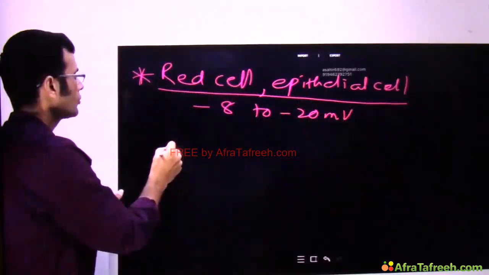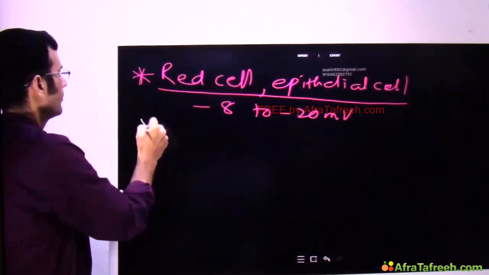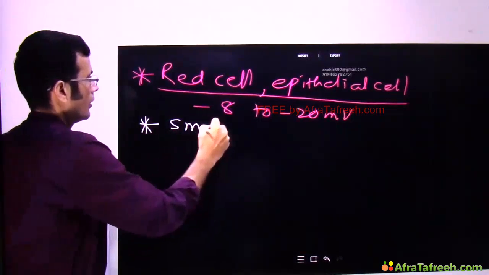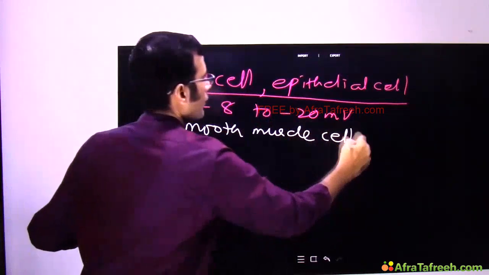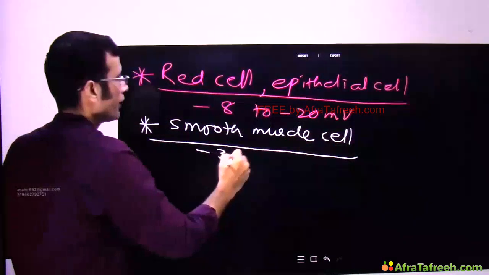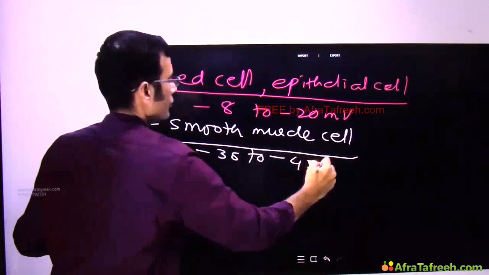For a smooth muscle cell, the value would be -35 to -45 millivolts.